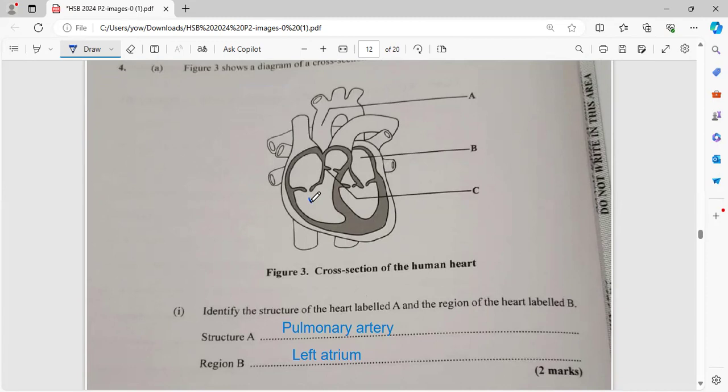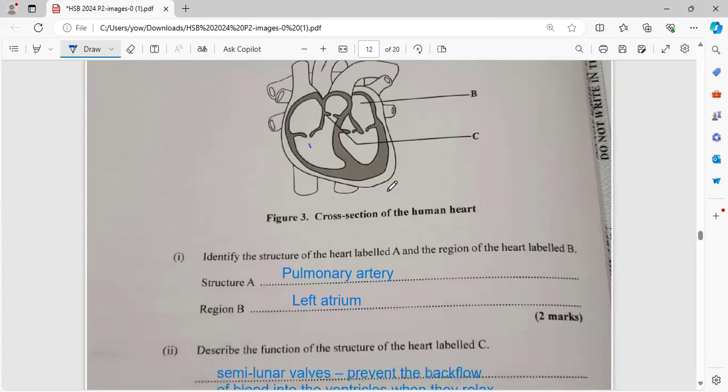And forced up, it's the pulmonary artery, because this will take the deoxygenated blood to the lungs. Then region B, just here, would be the pulmonary vein. So the region here would be the left atrium. That would get your 2 marks, guys.